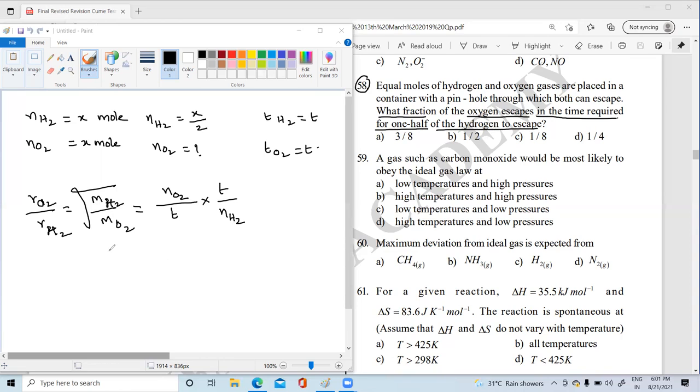Here time will get cancelled. So molecular weight of hydrogen should be 2 and molecular weight of oxygen should be 16, students. So T will get cancelled. Moles of O2 divided by moles of H2 is how much, students?